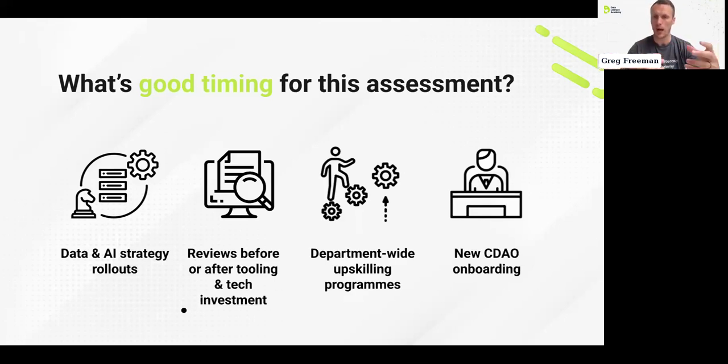And just in the same way as you might get one of the big four to come in and look at your infrastructure, look at your architecture, the time to do this is when you're thinking about the actions you want to take as part of that strategy afterwards. So obviously the strategy is an important document, but it's the operationalizing of that, the mobilization of that strategy that actually is the important bit. And this is a good time to do it when you've just outlined that strategy, because it'll direct you to the operationalization of that or the mobilization of it.